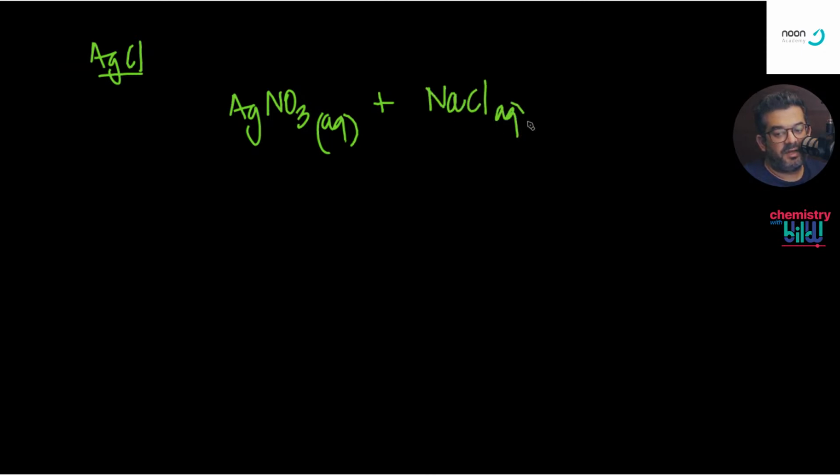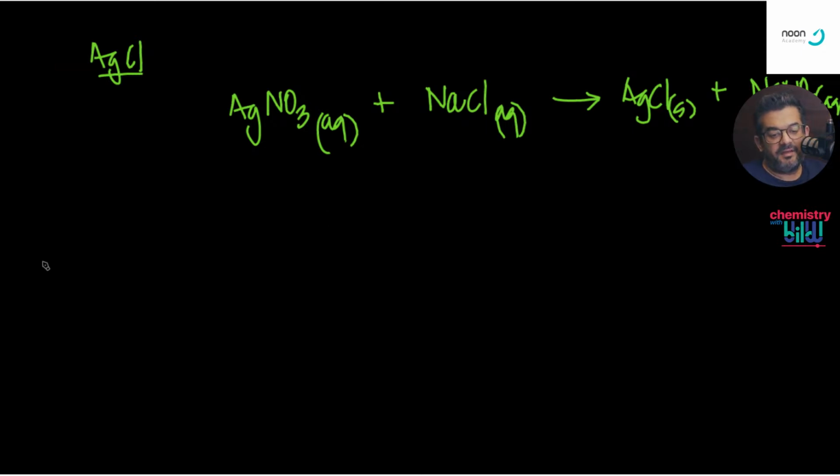So the idea is, if I want to make silver chloride, what I'll do is take a soluble silver salt, and since I know nitrates are soluble, I'll take silver nitrate, and I know sodium salts are soluble, so I'll take sodium chloride, and make silver chloride solid and leave behind sodium nitrate aqueous.